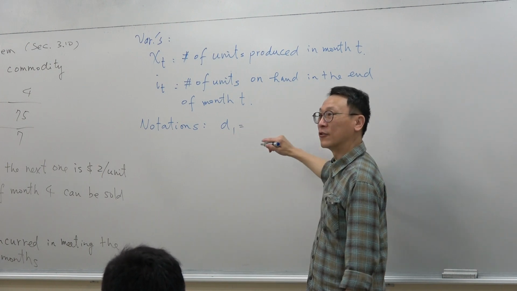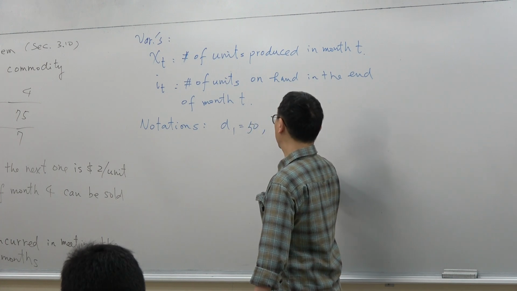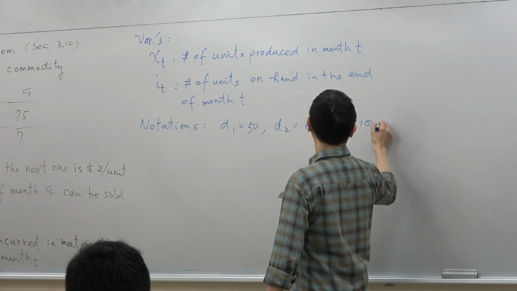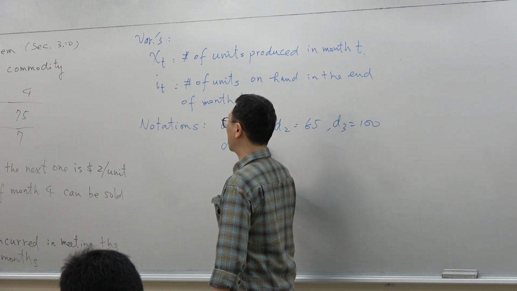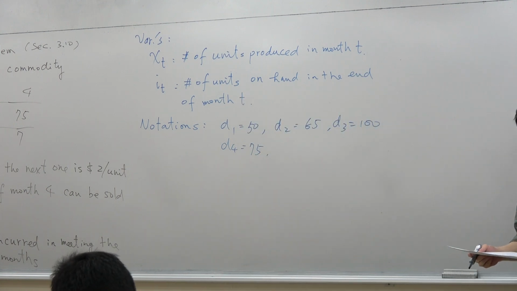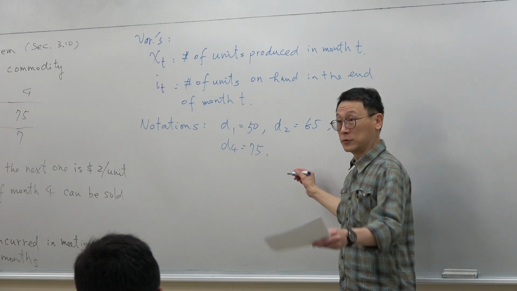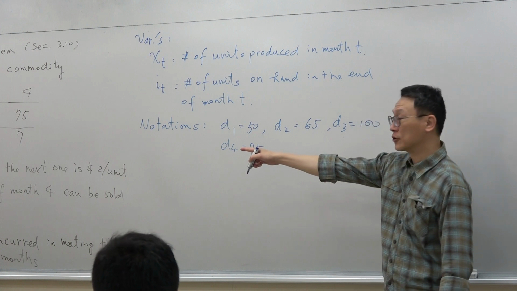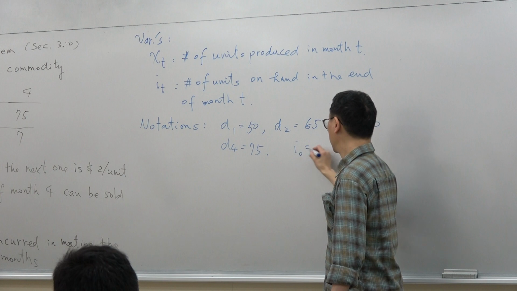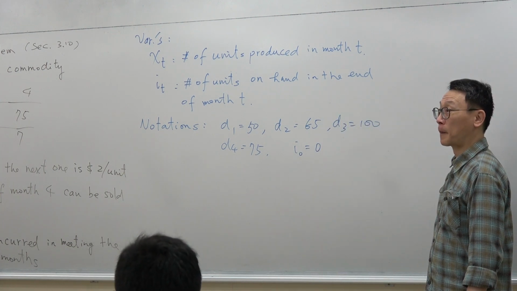Now I define my notation: the demands D1, D2, D3, and D4. Also, since I don't have any information on initial inventory, suppose our initial inventory is 0.